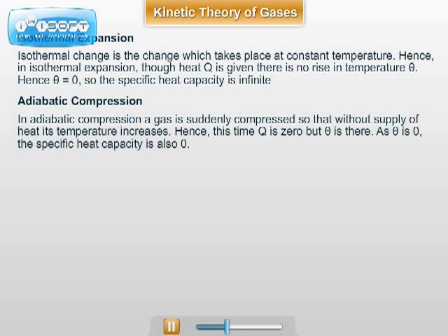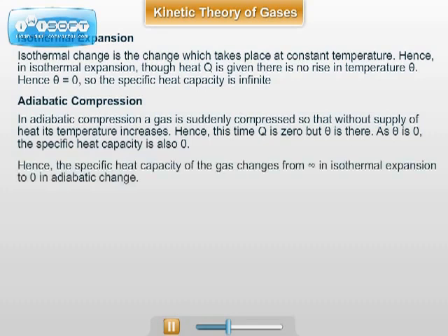Thus, for a gas, the specific heat changes from 0 to infinity for adiabatic compression to isothermal expansion. Hence, it is necessary to define specific heat separately for constant volume and for constant pressure condition.